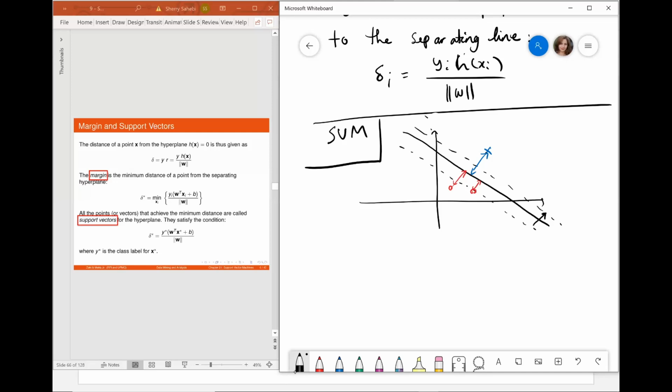In the margin, we do not want any data points from any of the classes, because this is our wiggle room. So we want it to be as big as possible, right? The margin from the separating line can go as far as it hits a data point from one of the classes, so the closest data point.